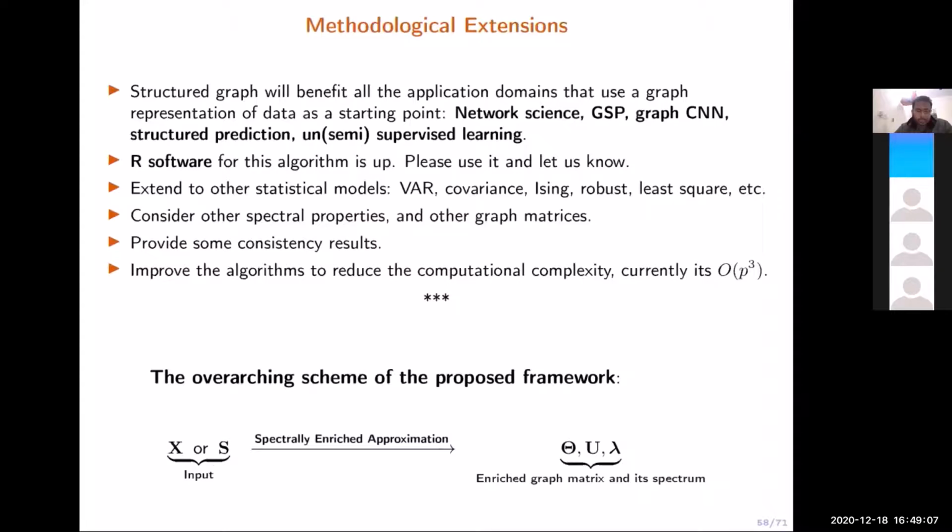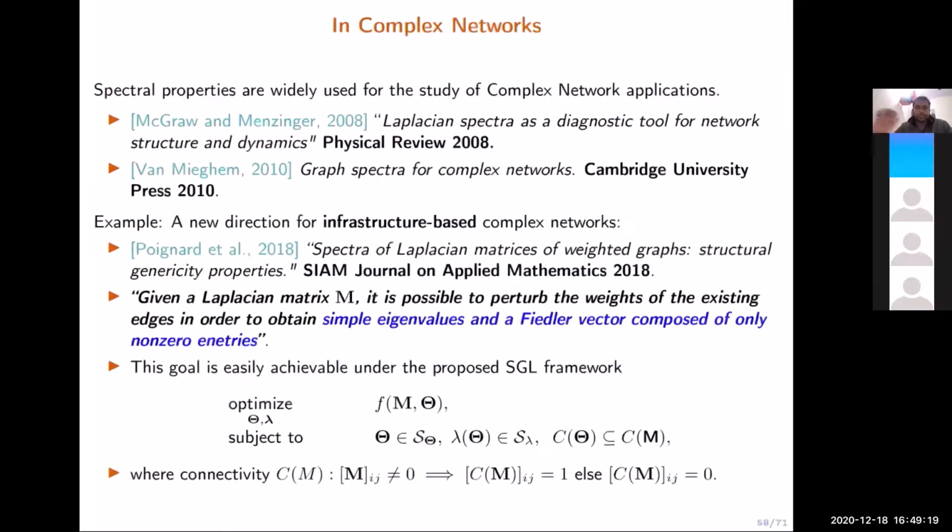This has wide consequences in a lot of areas, and now we will see where the research that we have discussed could be used. The first thing is complex networks. Complex networks have been using the Laplacian spectral properties for a long time.